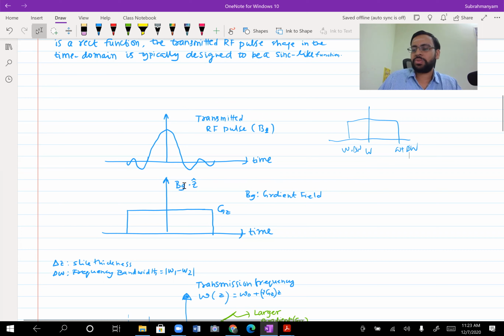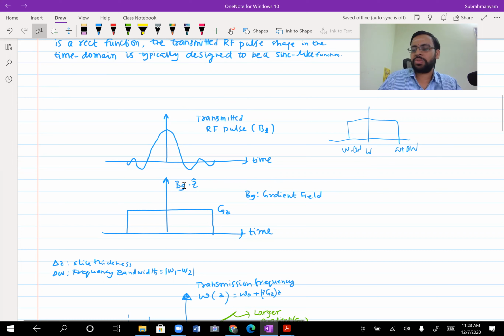So with that, I would now come back to perhaps the final part of what we are going to discuss in MR imaging. That's about slice selection. Now consider that B naught is the same for the whole object.